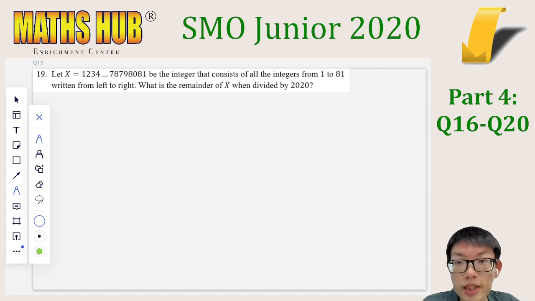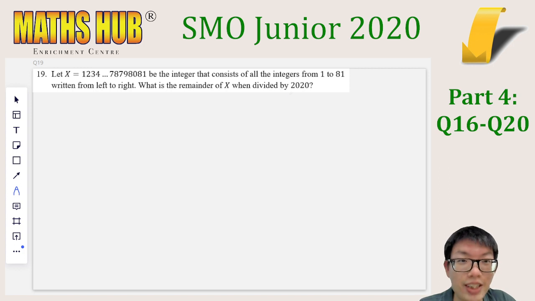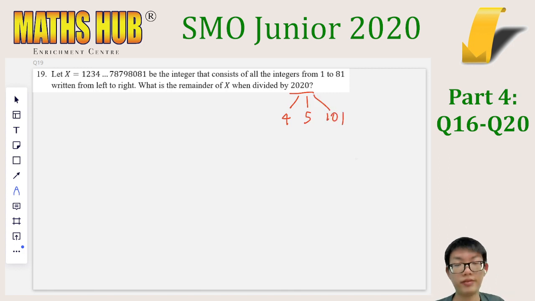Now 2020 does not have any divisibility test, certainly, and it is quite clear that splitting it up will make things a little better. So 2020, as we have seen in an earlier problem, can be split into 4, which is 2 squared, 5, and 101.